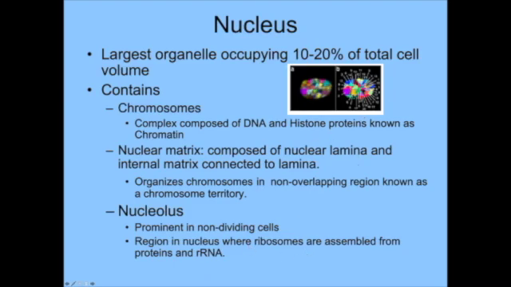All right, so then we also have in our nucleus the nucleolus. The nucleolus is most easily seen in cells that are in a non-dividing state. If the cell's in a dividing state, then we're not really capable of seeing the nucleolus. What is important about the nucleolus is that it's a very specific region within the nucleus in which ribosomes are made.